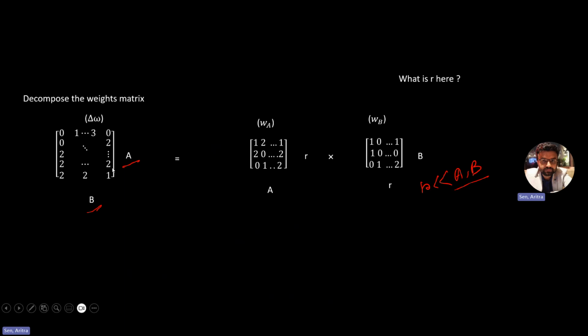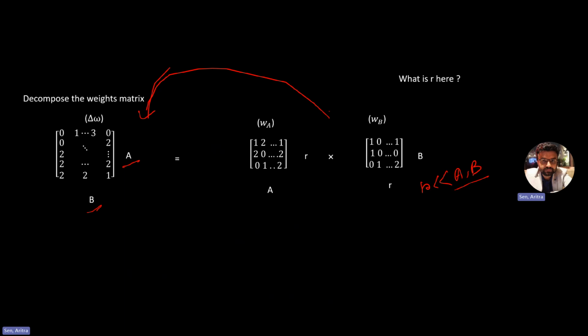So if you can decompose this matrix into low rank matrices, then once you do the dot product between WA and WB, you can get back to the original matrix, which is DW. This is how you can use the concept of rank, throw away the redundant information, and get a much smaller matrix representation of the original weight matrix.